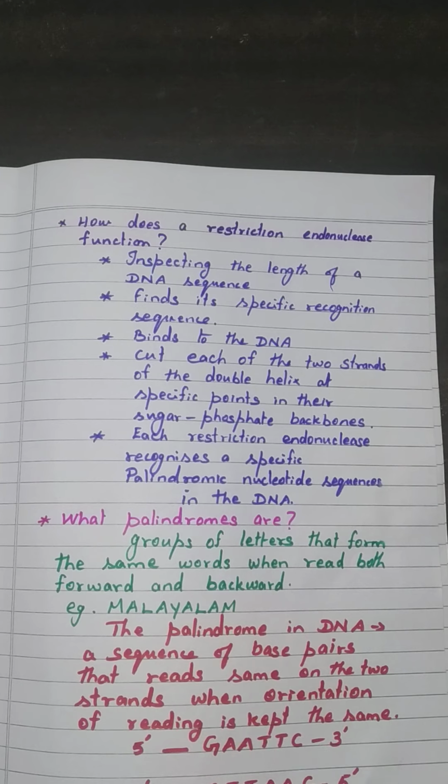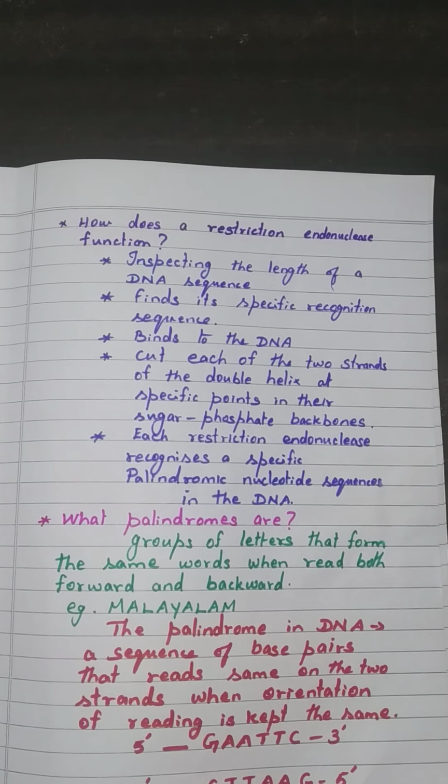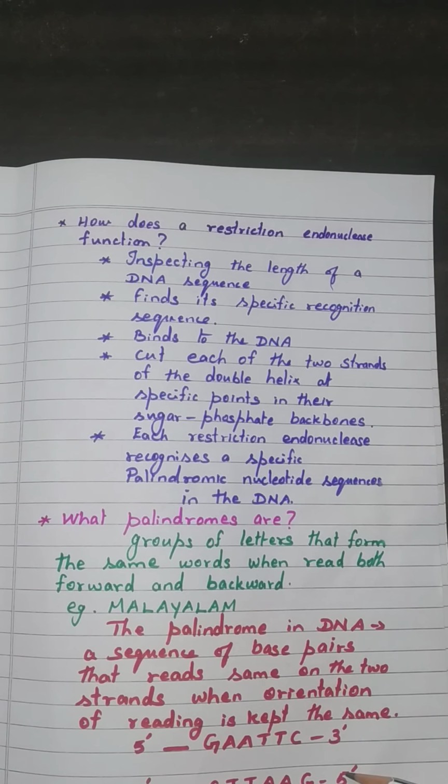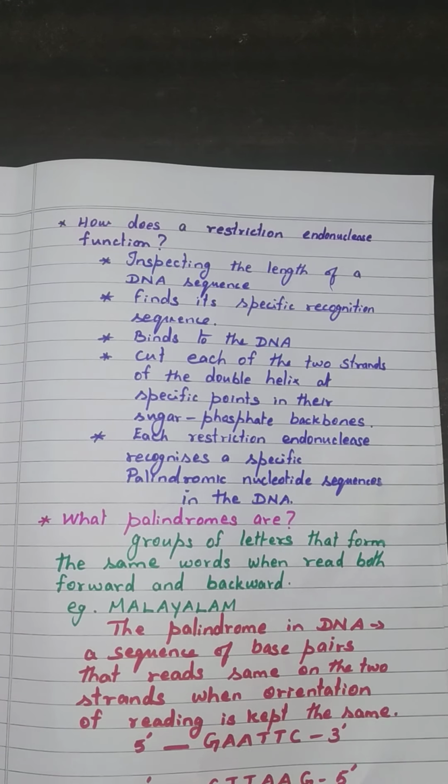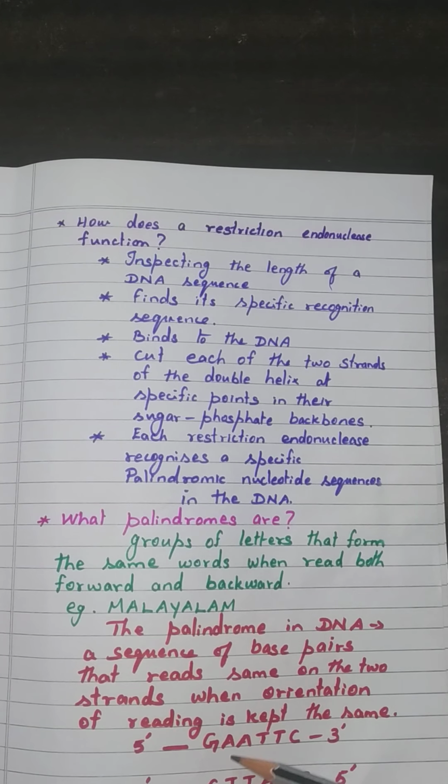And the opposite strand of the DNA, when we read this strand also from the same orientation from 5' to 3', it looks the same. See, G-A-A-T-T-C, here also G-A-A-T-T-C. When we read from the 3' orientation, here C-T-T-A-A-G, and here from the 3' orientation C-T-T-A-A-G.